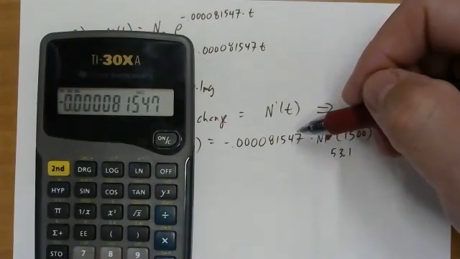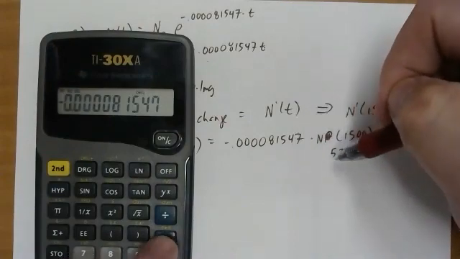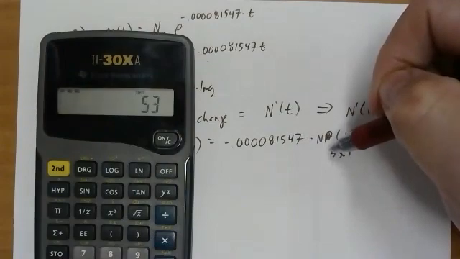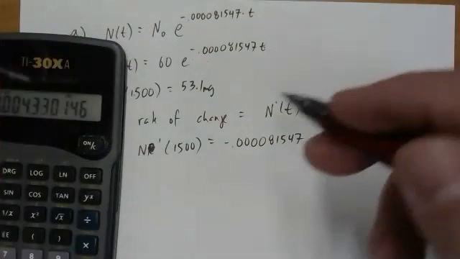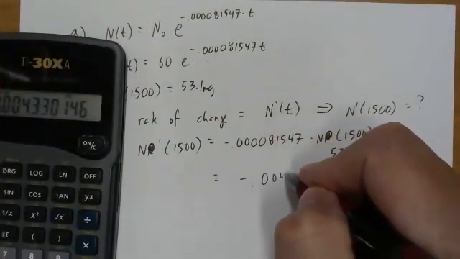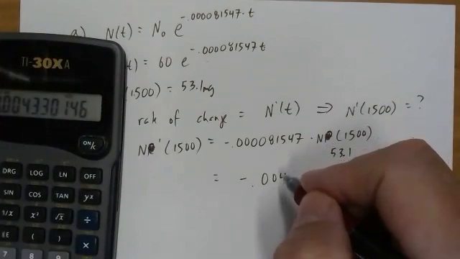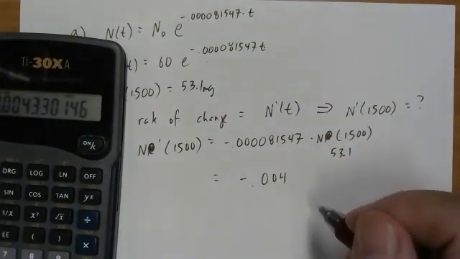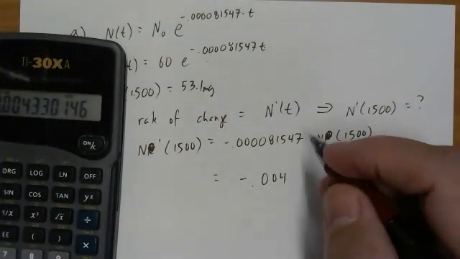So once again, got this big long negative 0.00081547 times 53.1. Pretty small number, negative 0.0433, I'll just call it.